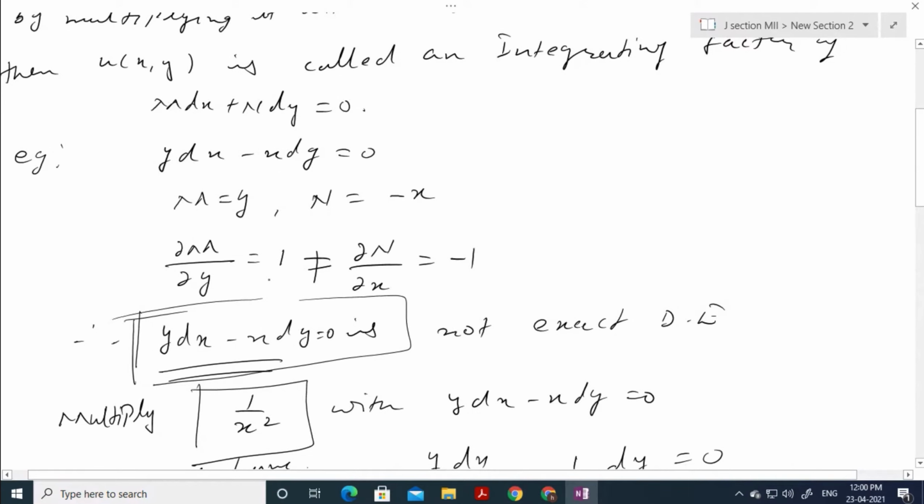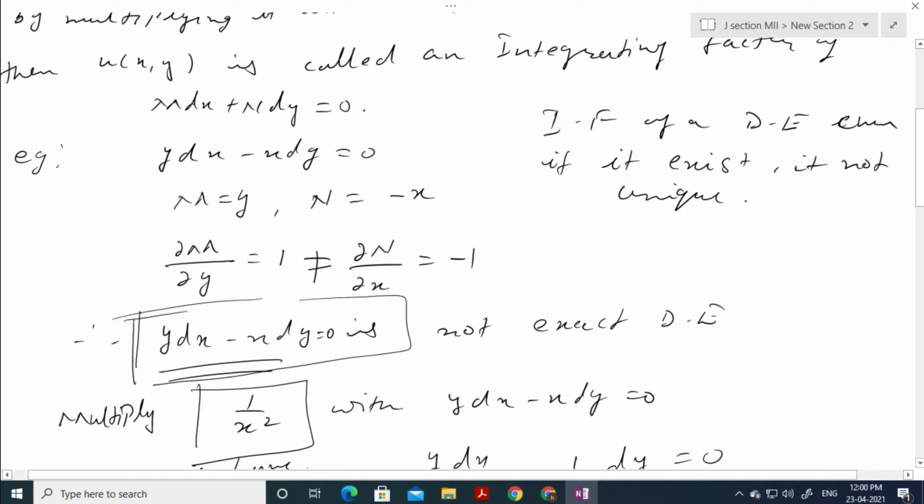That means what you can note here is that an integrating factor of a differential equation, even if it exists, is not unique. It is not necessary to be unique.